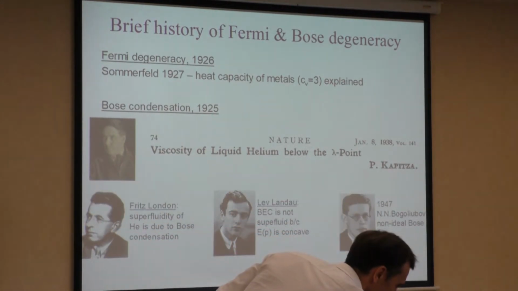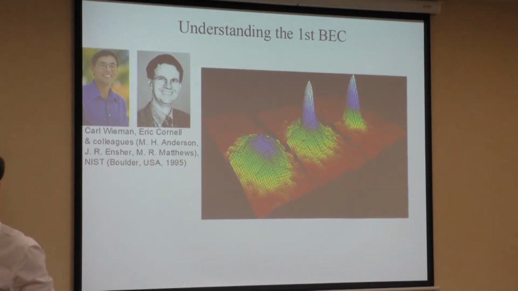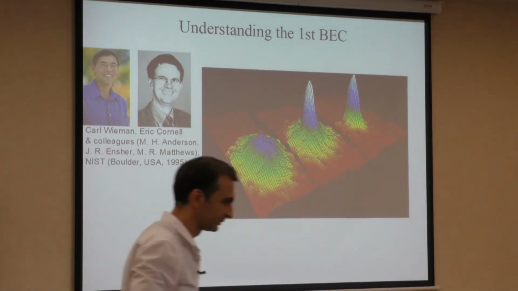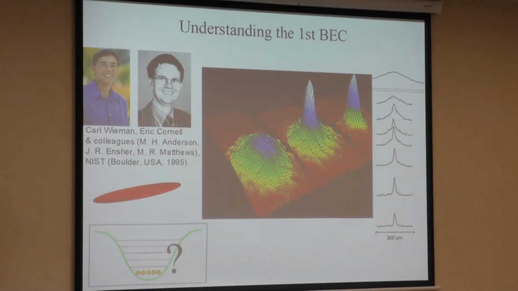Okay, now let's turn back to ultra-cold atomic gases. And now we are in a position to reanalyze the first experiment on Bose-Einstein condensation. First, again, the point we shall be looking at, we shall reanalyze this picture.